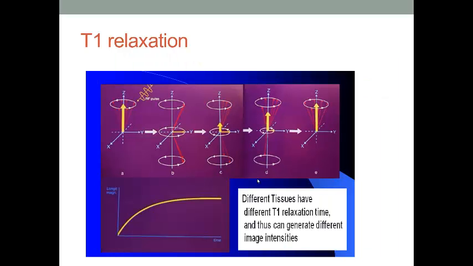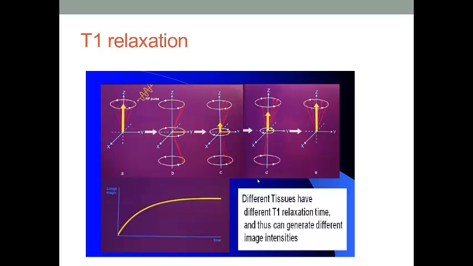The same for T1 time: cancer has its T1 time and normal tissue has its own, so we also use the T1 time to create different image intensities for cancer and non-cancer. Then when you see the image, you can find where it's cancer and where it's not.